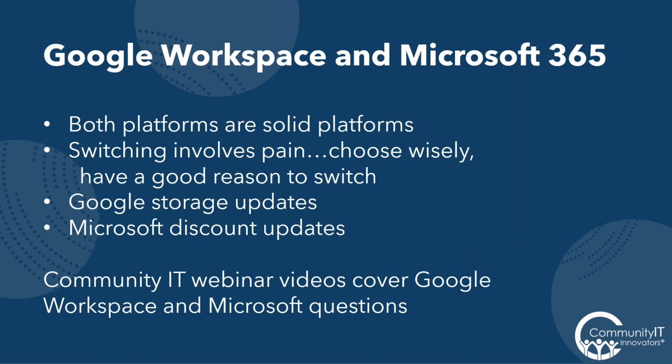But Google recently switched to 100 terabytes for nonprofit organizations. So if you have any nonprofit licenses at all in your Google Workspace, you get 100 terabytes of storage capacity for the entire organization, which we found to be pretty significant.